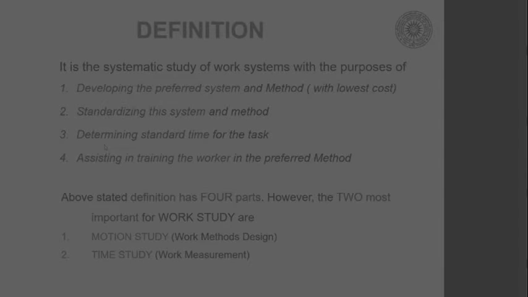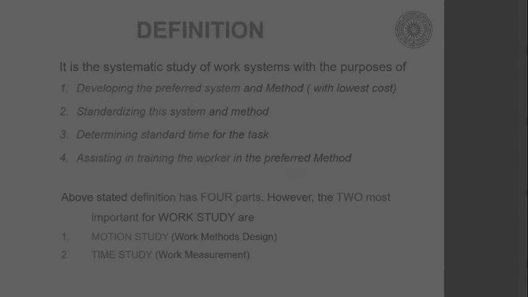Third is determining the standard time for that task. Every job has a standard time, with certain predefined quality standards. That time is determined scientifically, and we assign the time to each and every task. Fourth is assisting in training the worker in the preferred method.